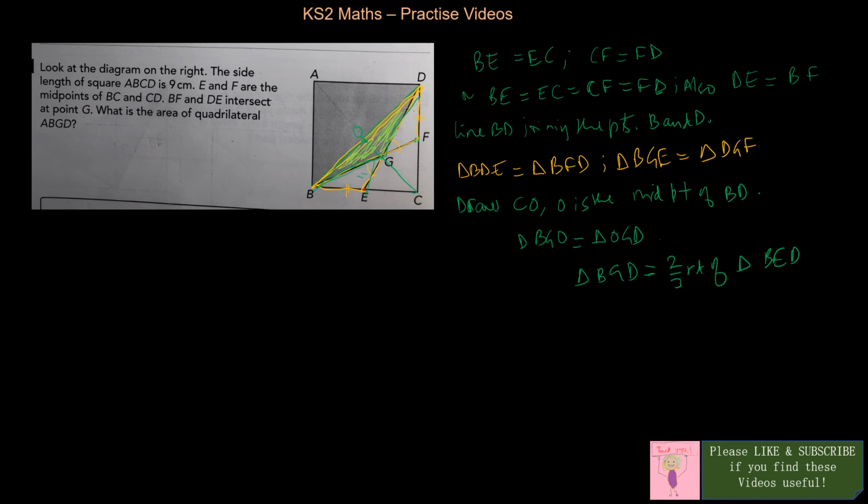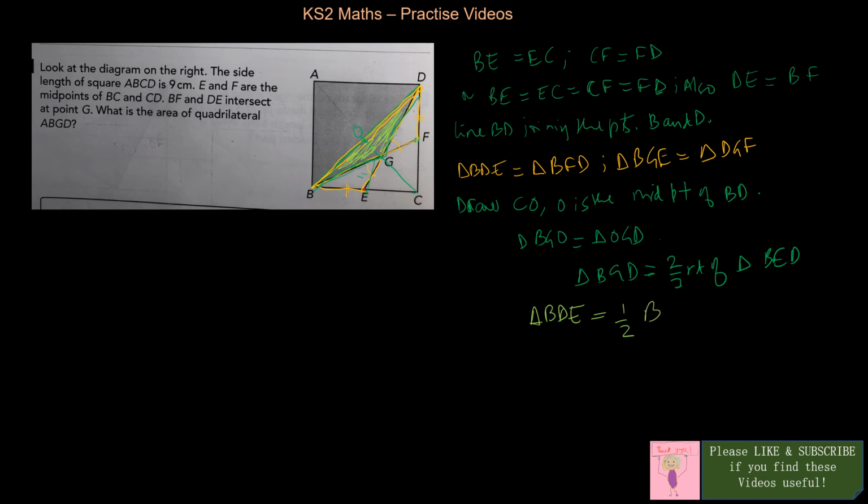So what is the area of triangle BDE? The area of BDE equals half the base, that is BE. Half BE is 9 centimeters, isn't it?